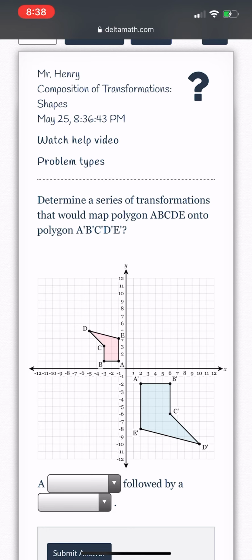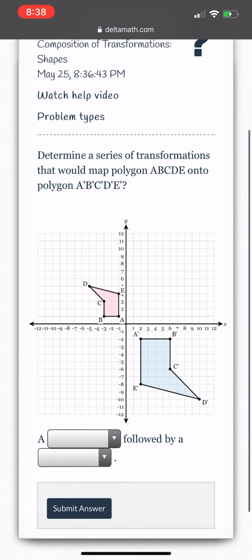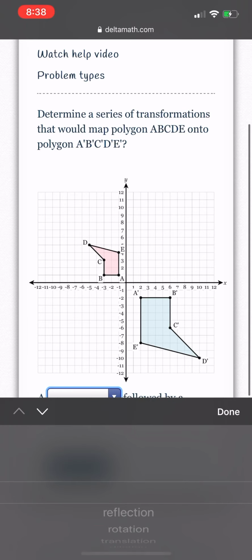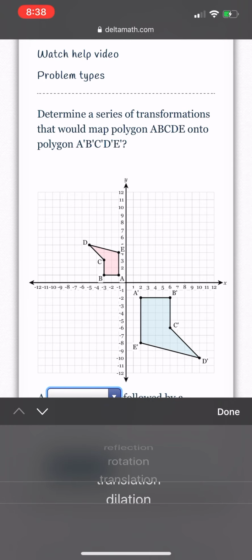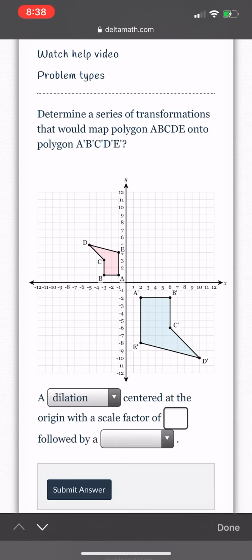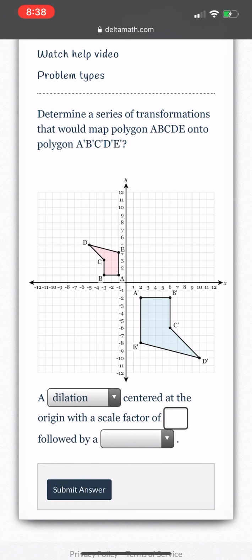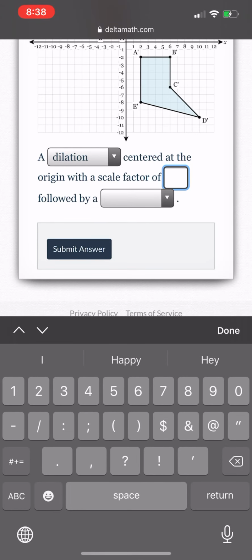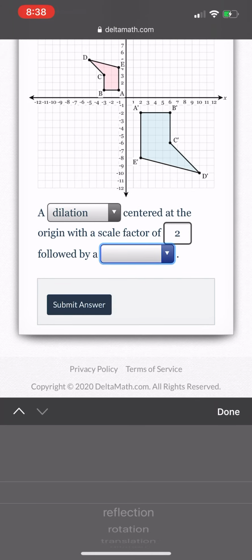So what we're trying to do is figure out what moves they made. So they would have had to make a dilation, right? So it would get bigger. And we're figuring it's got to be twice as big. And then it's not a reflection, right?